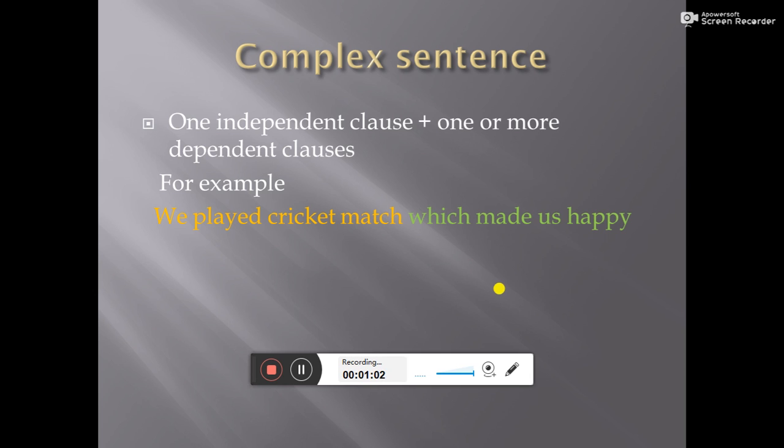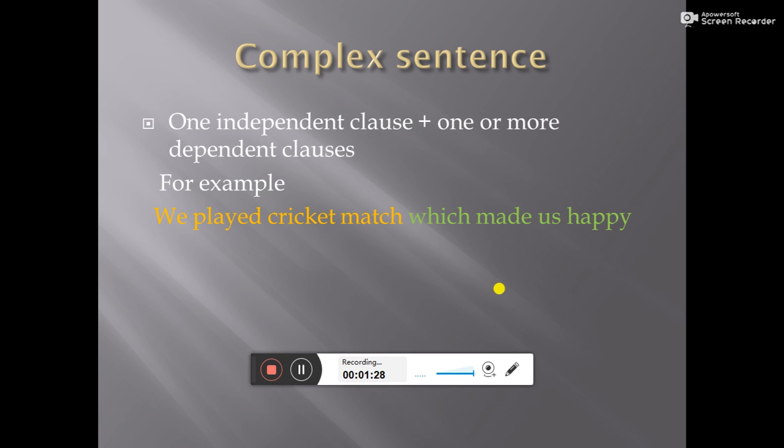Now you can see that the names vary from one type to another. First was simple, then we talked about compound, and now we are going to talk about complex. As the names are changing, in the same way the structure and the formation of the sentence is also being changed.